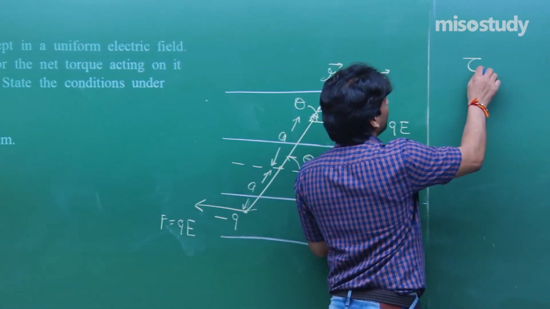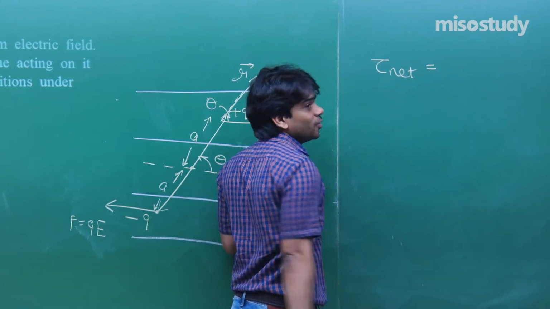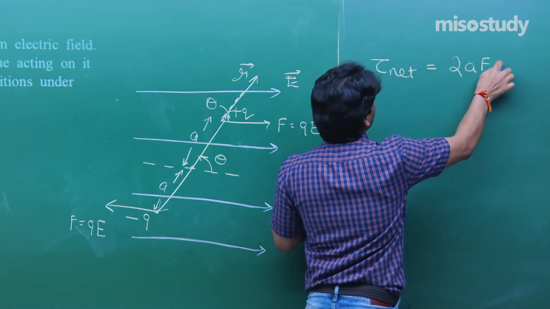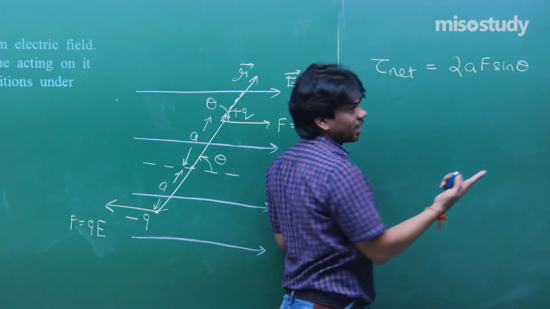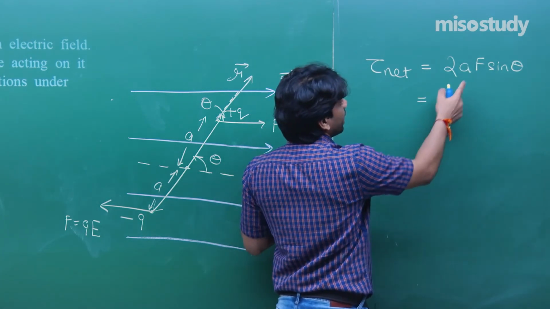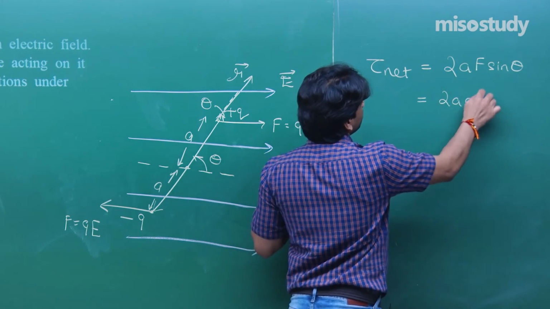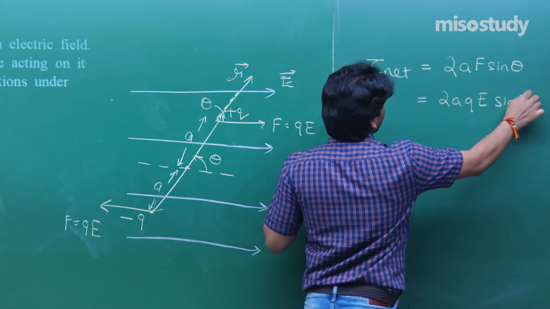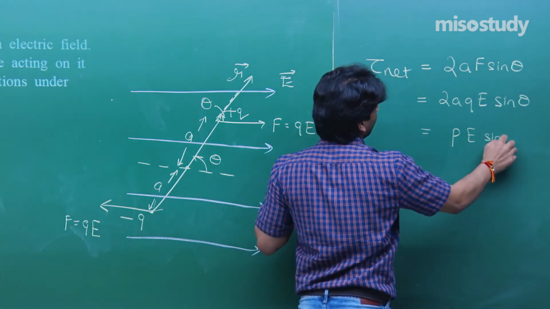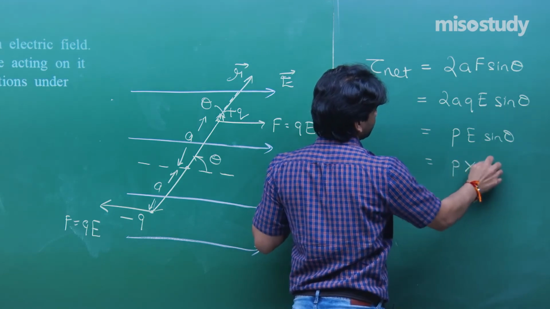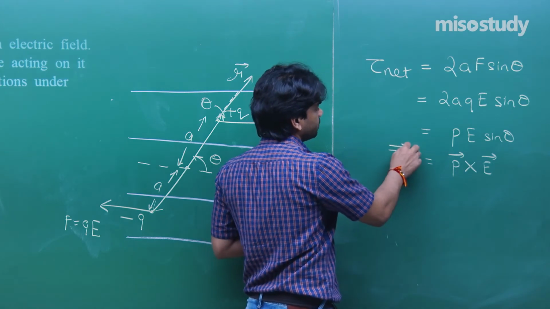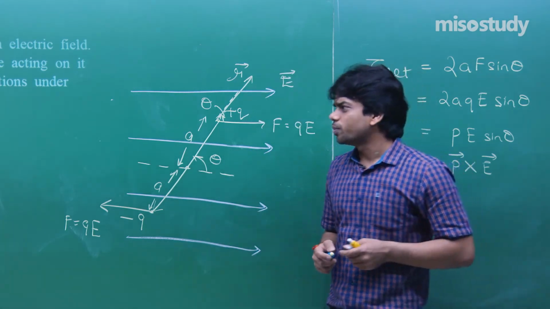So you will be getting the net torque as 2AF, since I have used A for R. I am writing some things directly because you have already seen it in class. 2AF sine theta, and F is QE, so 2AQE sine theta, and from here 2AQ is P, so PE sine theta, or P cross E. This is the value of torque, P cross E, which we have already derived, not too big a thing.